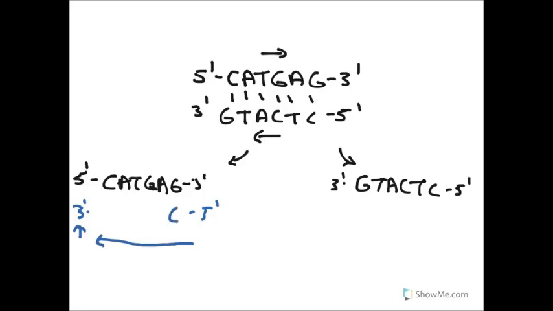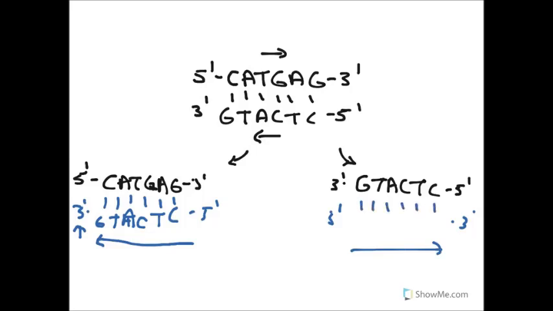So our C, T, C, and then remember here we have our T, A, T, G, our GTACTC sequence here, and then on this one there will be a 5' and a 3' end here, and we're going to grow in that direction and make our sequence called CATGAG.